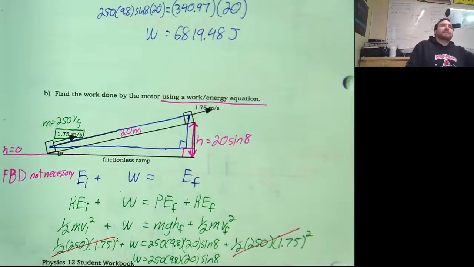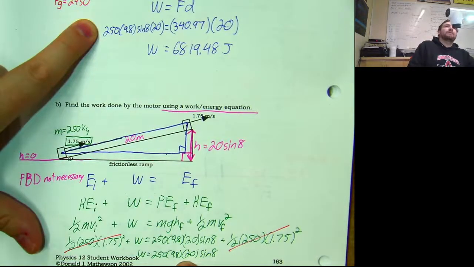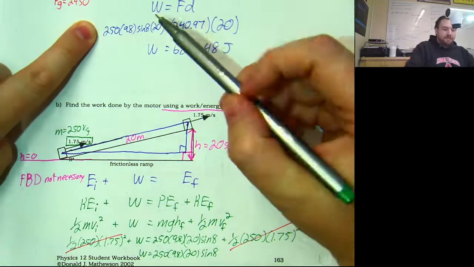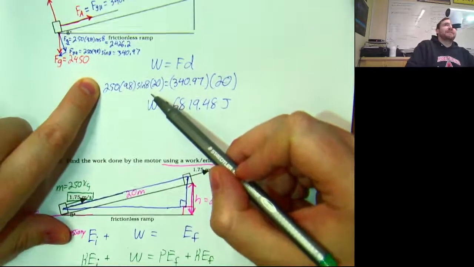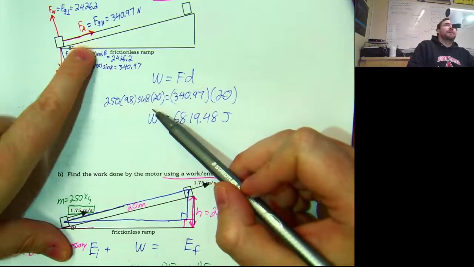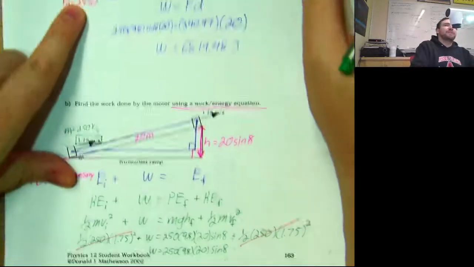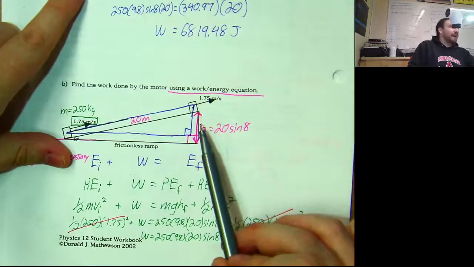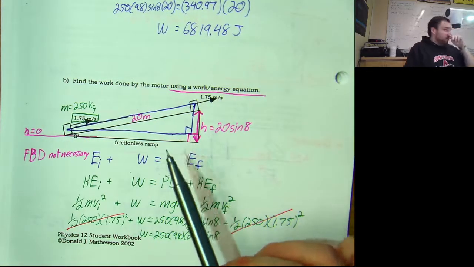If I zoom this out a little bit, that same thing shows up here. Here, I used trigonometry to find this component of my force. Here I used trigonometry to find the height of my ramp, but the same expression shows up in both locations.